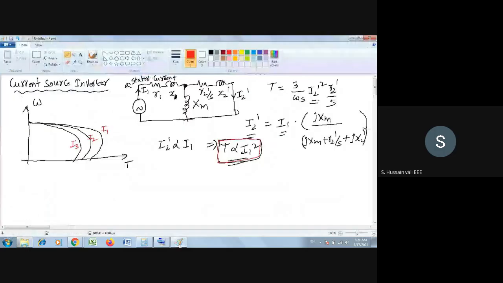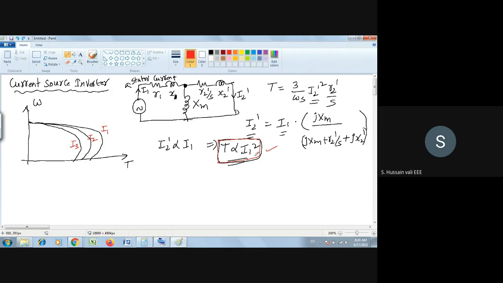See this now. First we got a relationship between torque and the stator current. Then I have drawn the speed torque characteristics for different values of stator current, I1, I2, I3. What is the relationship between them?